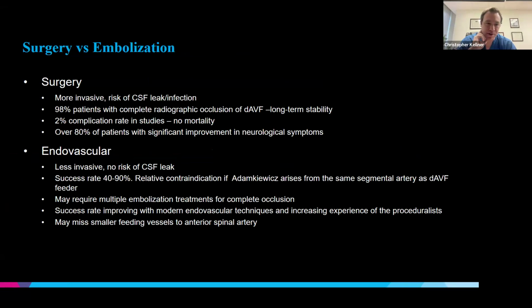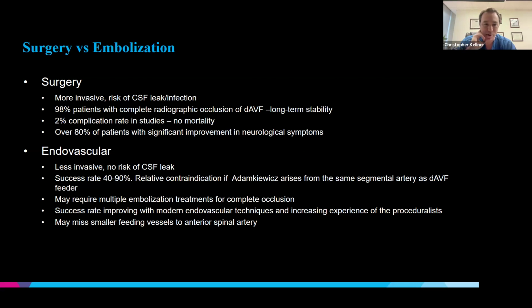Endovascular is very straightforward, and so is surgery in these cases. When you're doing the endovascular angiogram, you identify the vessels that supply the Adamkiewicz. Often it's one, sometimes it'll be two, but almost always it's one. And you make sure you can see all the levels above and below the fistula on both sides.